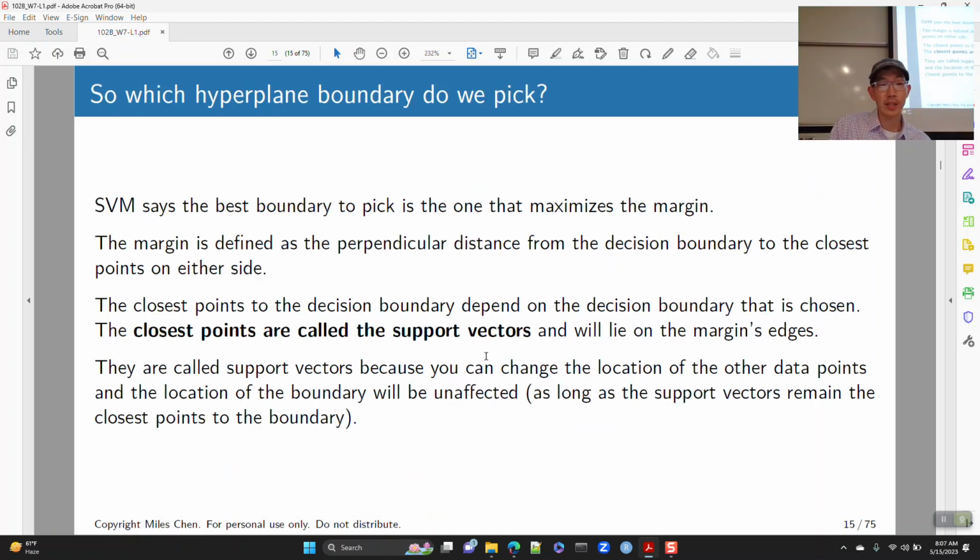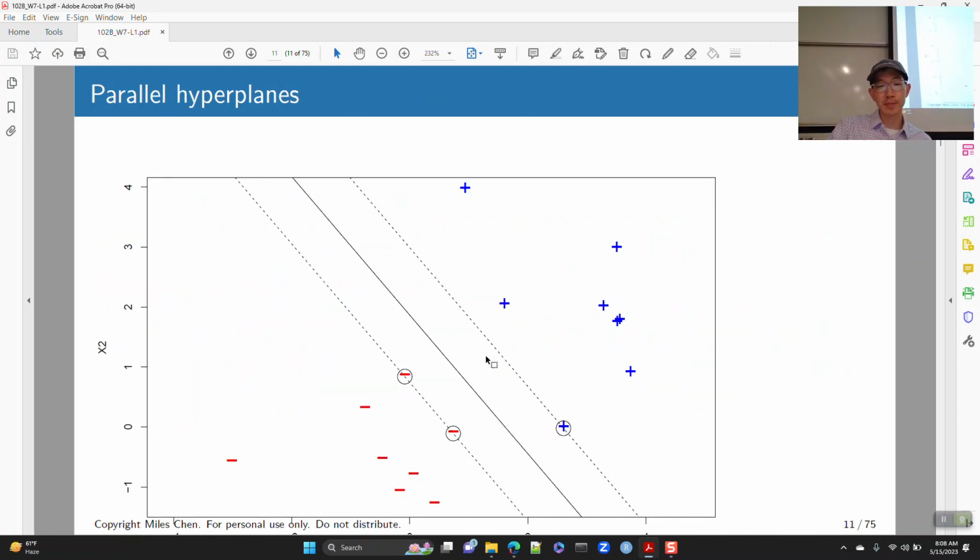Okay, so SVM says the boundary that we want to pick is the one that maximizes the margin, that distinguishes between one side and the other side, and says, this is the farthest distance. The margin will be the perpendicular distance.